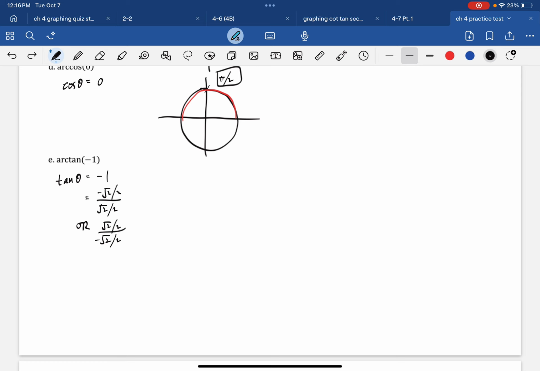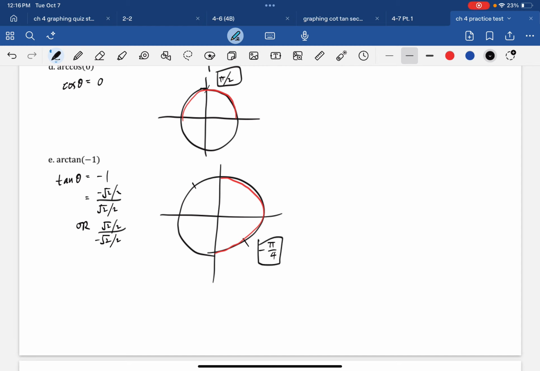So on the unit circle, that corresponds to either this point or this point. But remember that the arctangent function has a range of quadrants 1 and 4, negative pi over 2 to pi over 2. And so the answer must only have this point, which would be negative pi over 4.